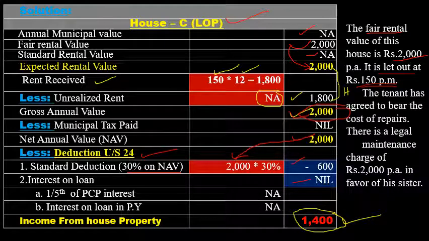There may be a lot of information given in the problem, but all the information is not required. So we have to calculate as per the format. Whatever the provisions are, only that information we have to collect. So therefore here other information is considered irrelevant. The balance after considering all the required information is 1,400, and 1,400 is the income from house property.